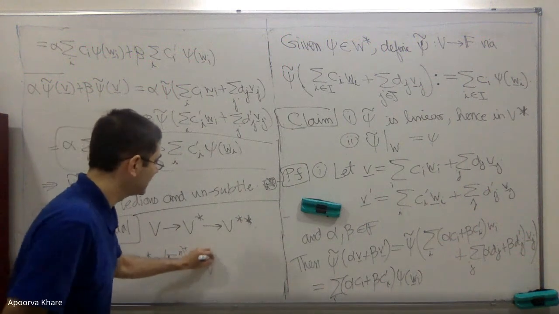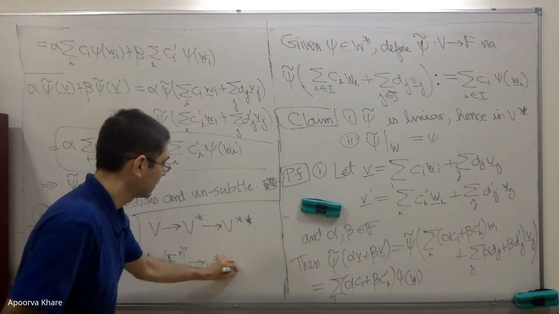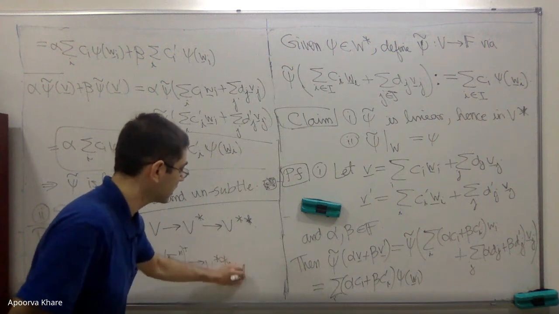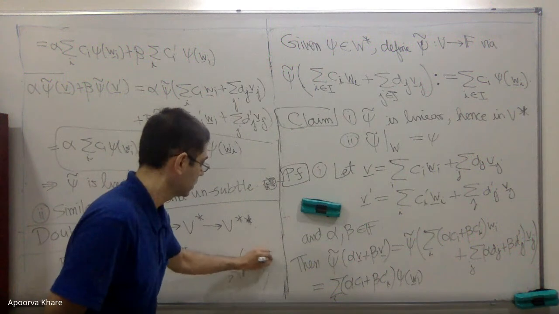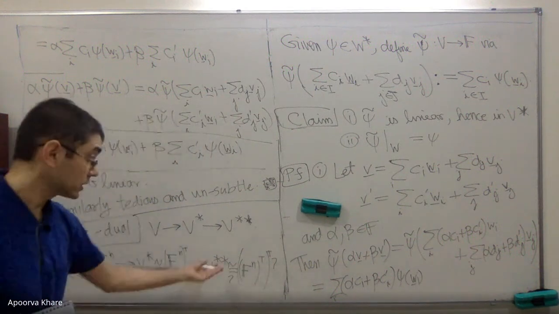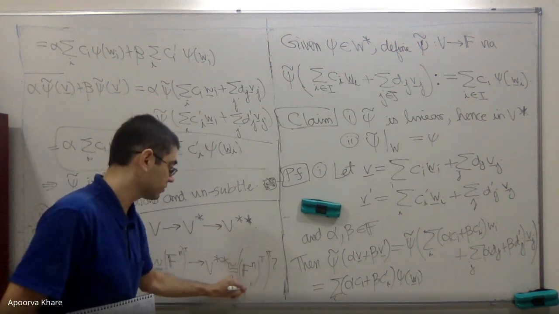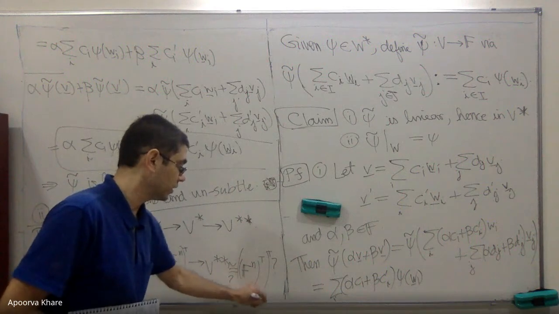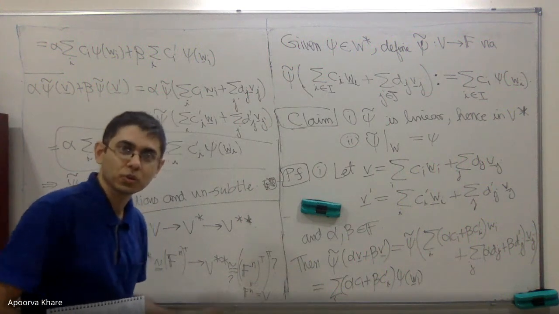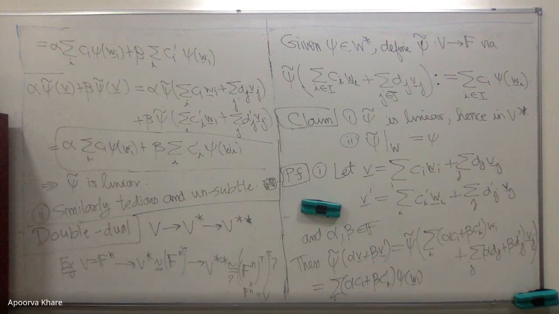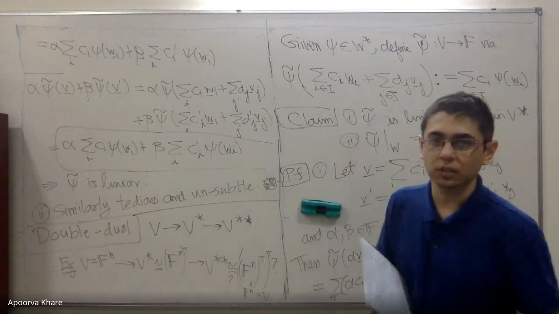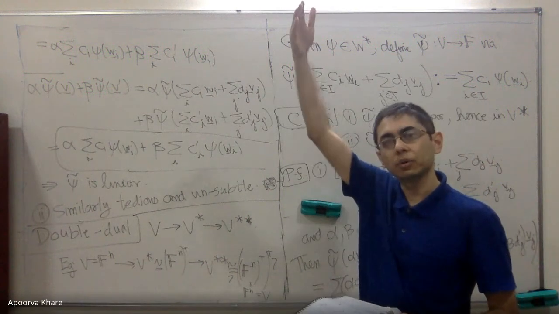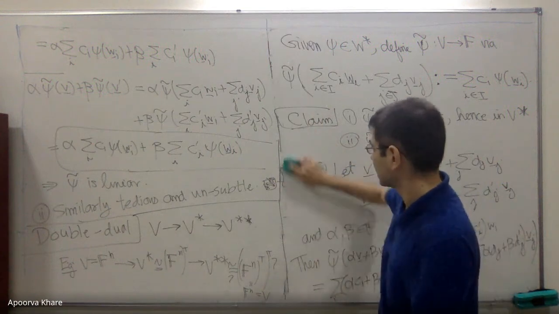And then I could say that V star star is isomorphic to F^n transpose transpose, which is just F^n itself, which is V. So is it true that the double dual is exactly the same as the original space? The answer is yes, if the original space is finite dimensional. Otherwise, the dual is bigger and the double dual is even bigger. Okay, so you can check.